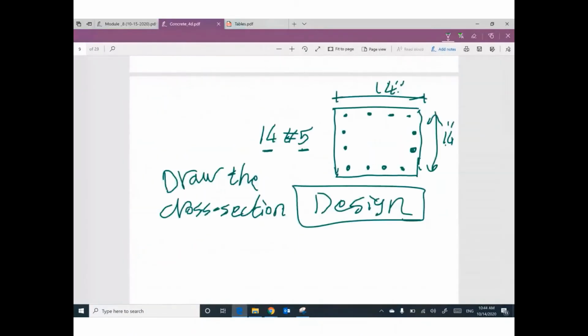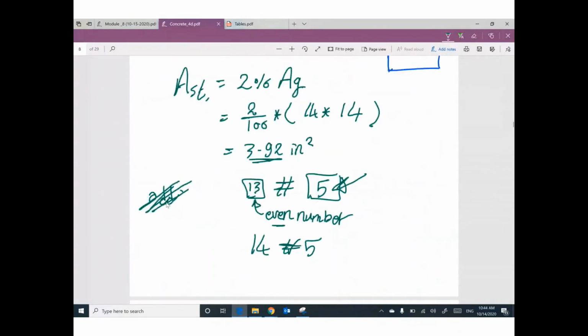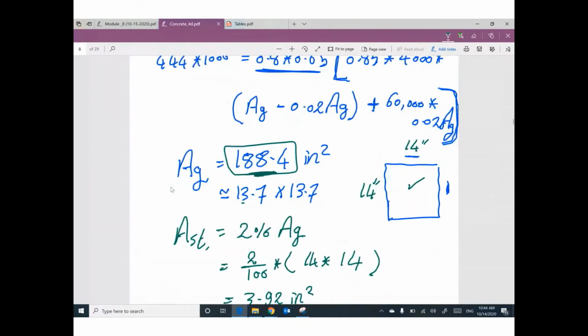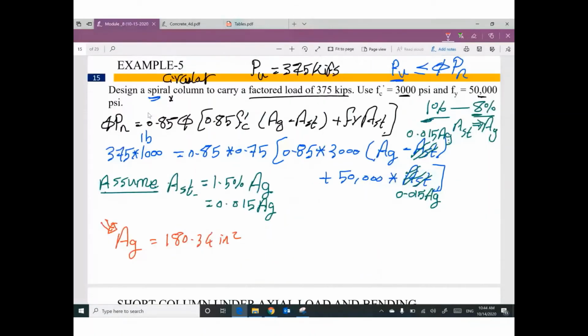Guys, for a square I would convert area gross to a square, where this side equals this side. But right now, I'm looking to convert this area gross of concrete to a circular shape, which equals pi divided by 4 times diameter squared.